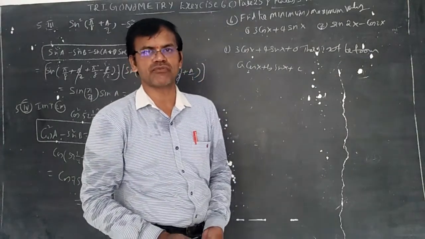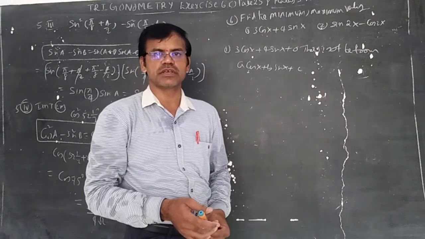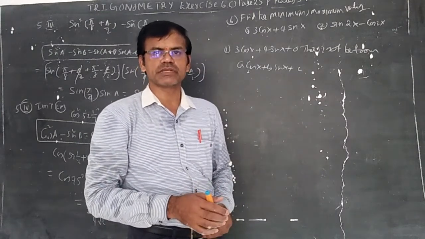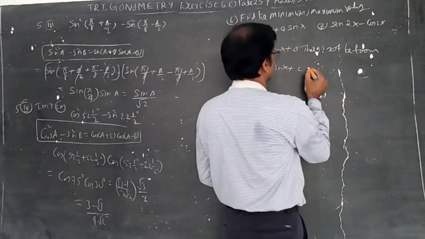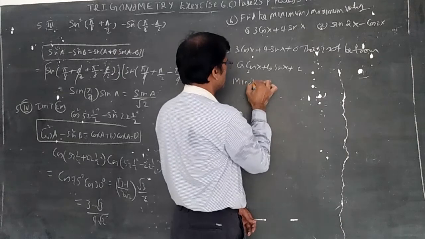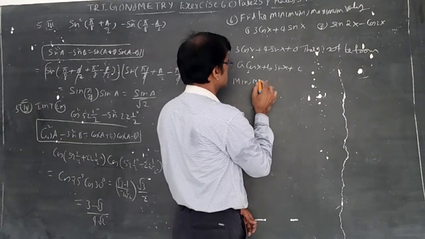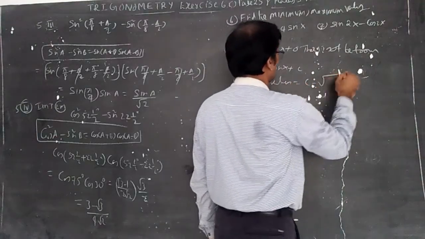See the range of A cos x plus B sin x plus C or A sin x plus B cos x plus C is C minus root of A square plus B square comma C plus root of A square plus B square. So range or min max values. Min comma max values.